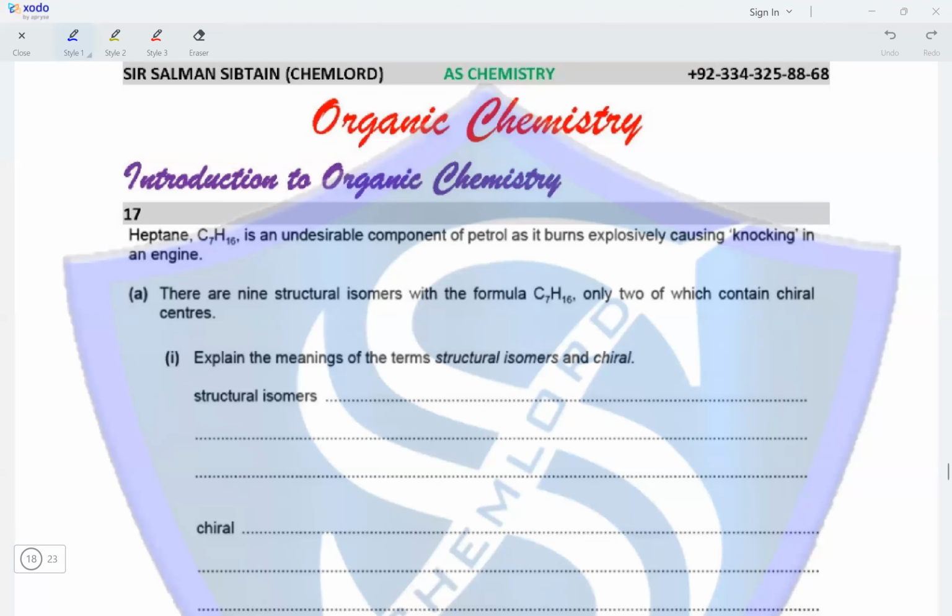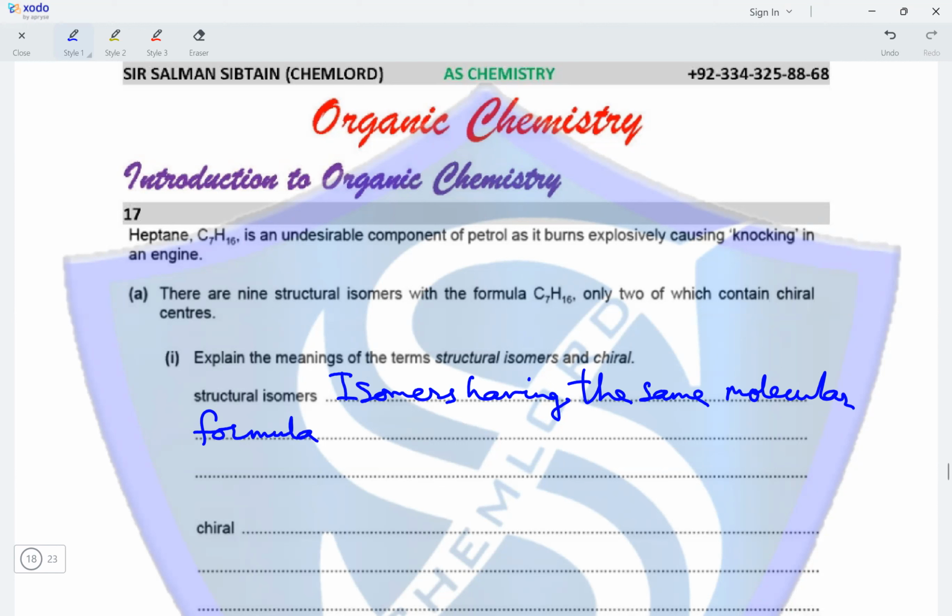So, structural isomers are isomers having the same molecular formula but different structural arrangements.